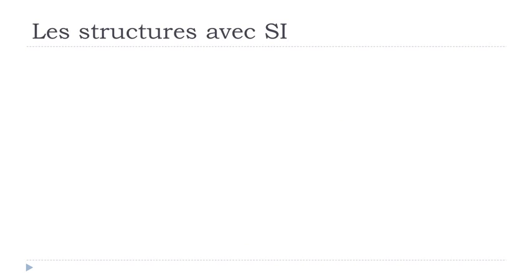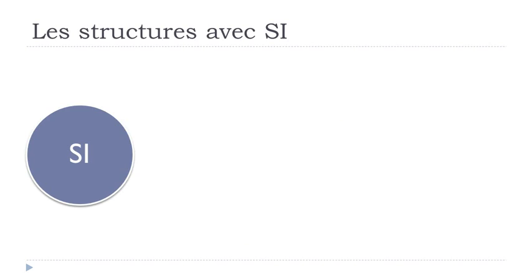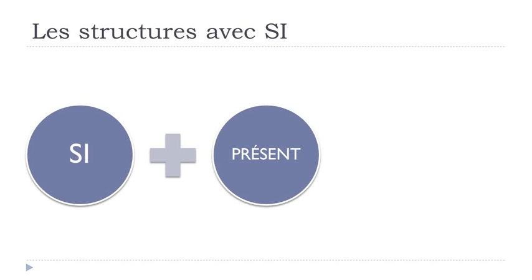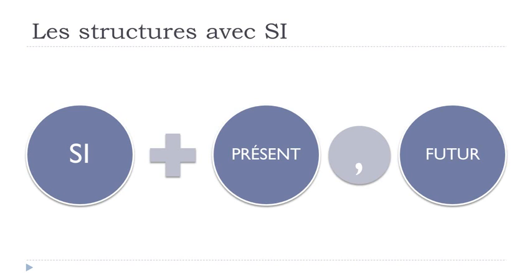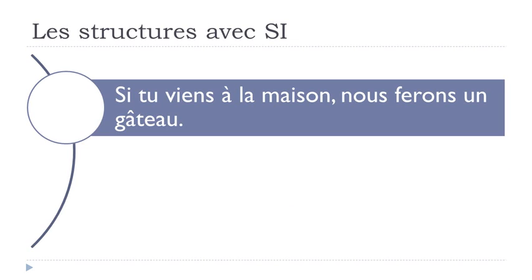So if we want to express this possibilité, the first option we'll have is si, and it will be constructed with the présent, and it will be followed by le futur. Okay, so let's have an example here. Si tu viens à la maison, venir is to come, à la maison, at home, nous ferons, that's the future form of faire, so we will do, un gâteau, a cake.